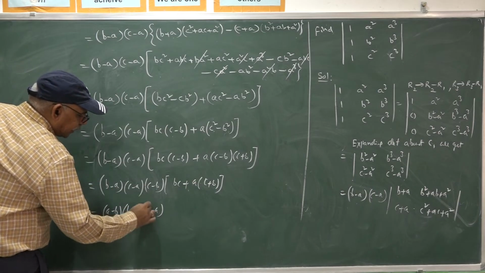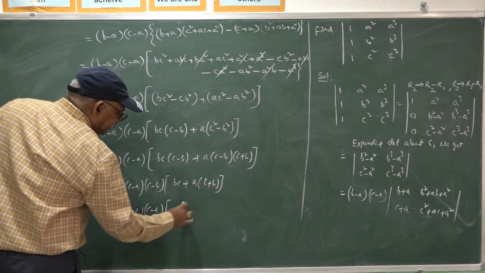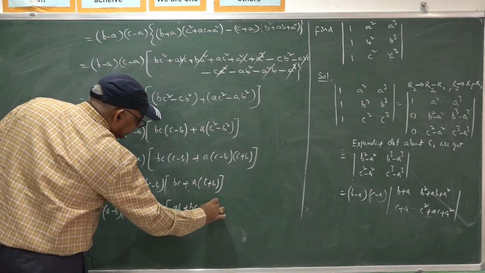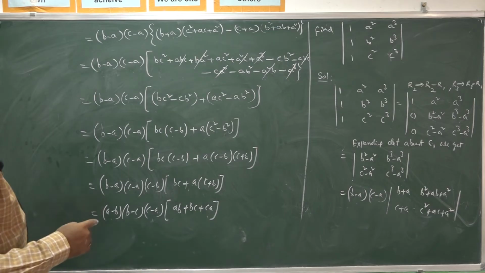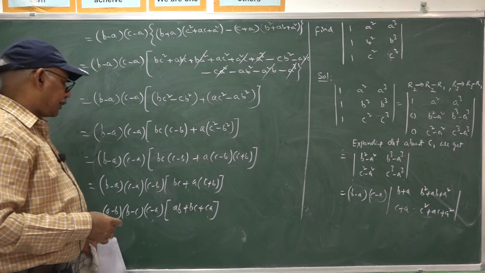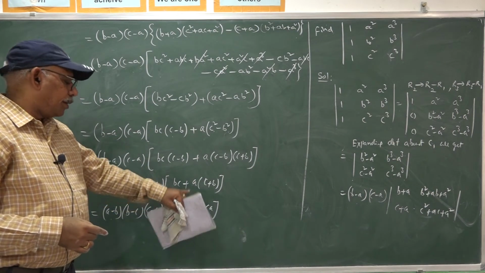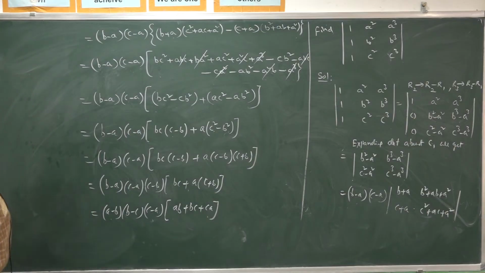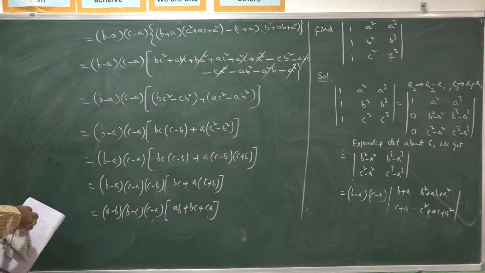So C minus A stays as it is, and this is AB plus BC plus CA. In cyclic order, the determinant of 1, 1, 1, A square, B square, C square, A cube, B cube, C cube is A minus B, B minus C, C minus A, AB plus BC plus CA. So, this is the way of evaluating such determinants.